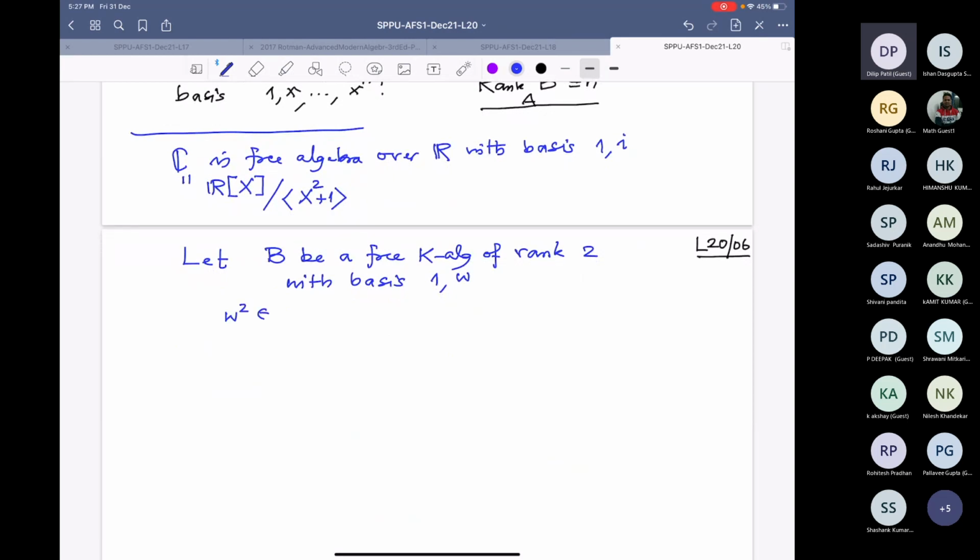W square is an element in B, and therefore W square has to be a linear combination of 1 and W with coefficients in K. So that will be of the form alpha plus beta W for alpha, beta in K.